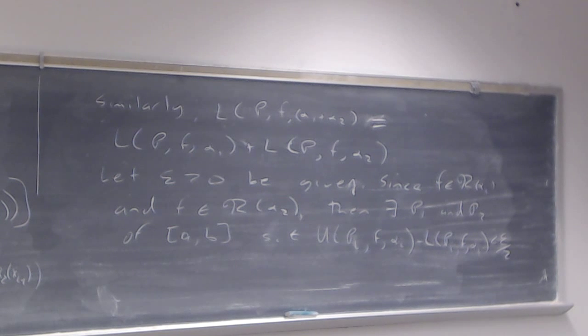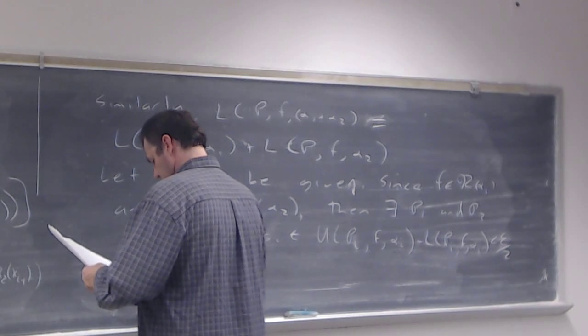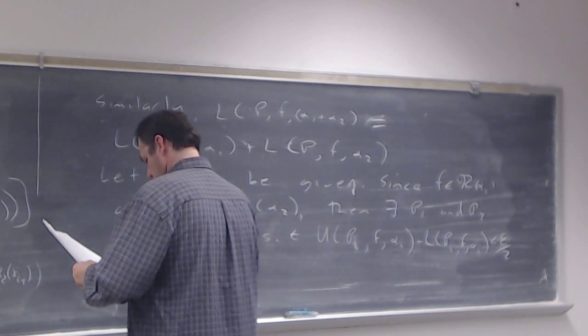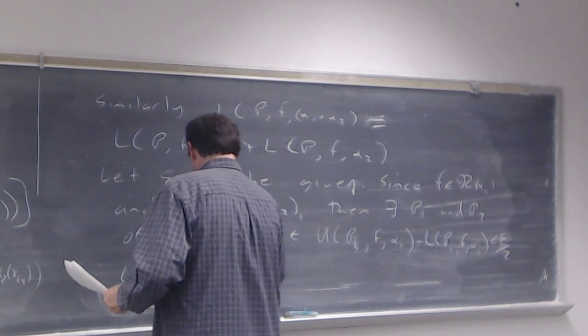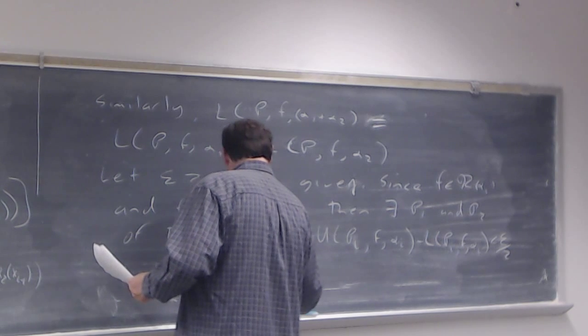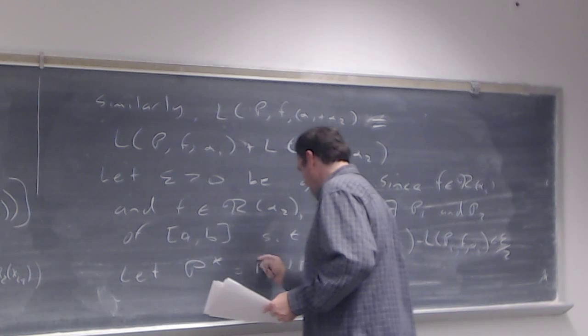Less than epsilon over 2. We're going to let P star be equal to P1 union P2. So that's the common refinement.